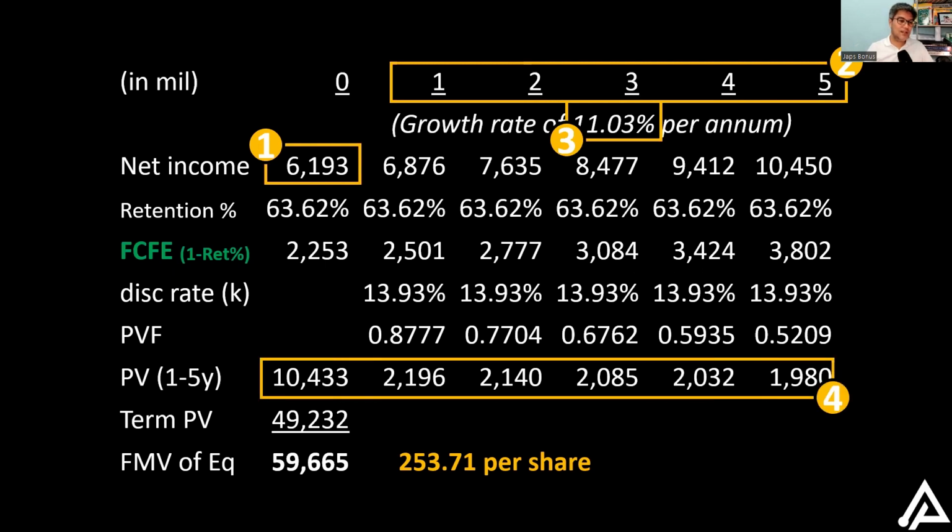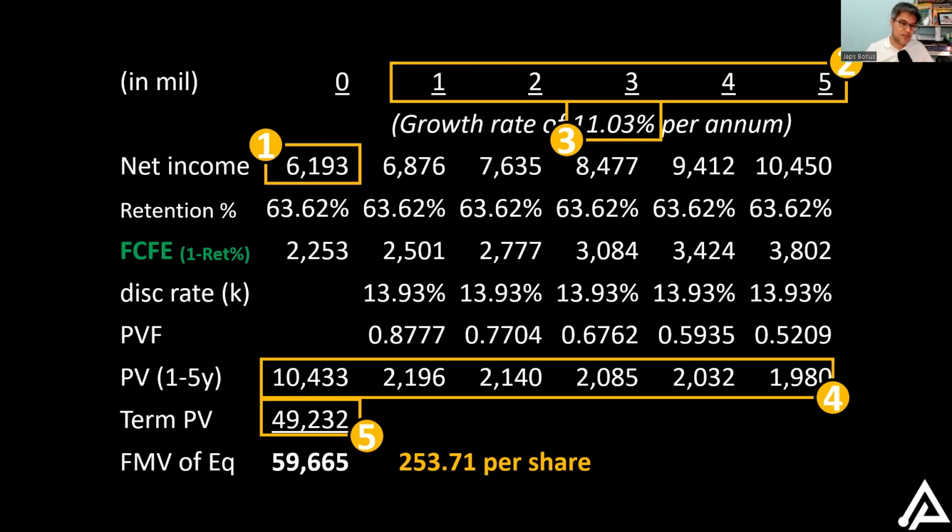And then we look at the discount rate, using the cost of capital of around 14%, to get the present value of cash flows for the next 5 years, plus the cash flow representing the terminal value.